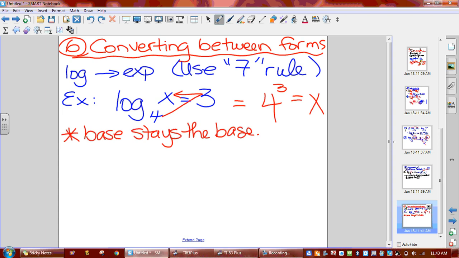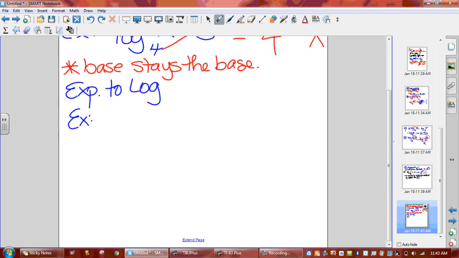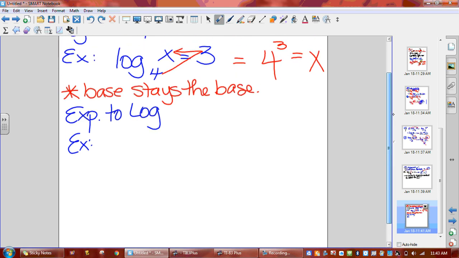Now we're going to go back and forth the other way. We're going to go exponential to log. All right. Let's say we've got five to the 4th equals x.